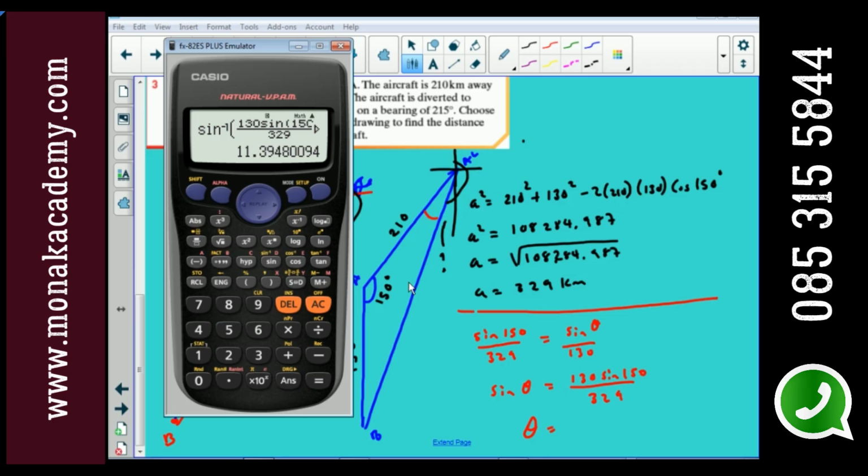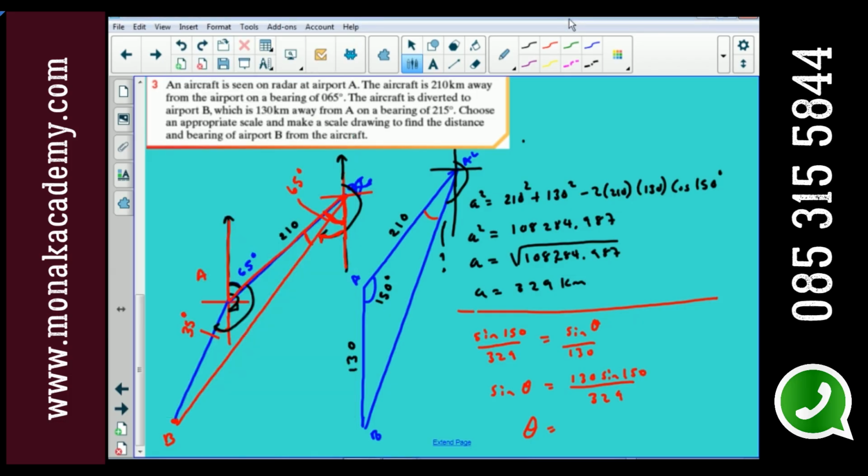It gives 11.39. We can round it off to a whole number, which is just 11 degrees. Because it's 11.39, we round it off to the nearest whole number, so it's 11 degrees.